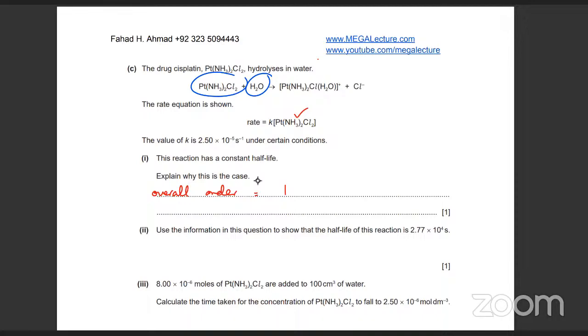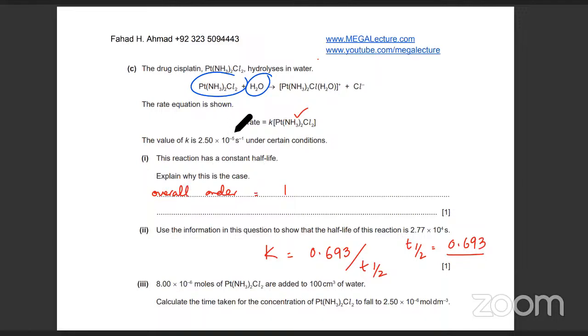The formula here, that's K is equal to 0.693 divided by T half, right? So we need to find T half, which is going to be what? So the half-life will be 0.693 divided by the rate constant K, which is given somewhere.